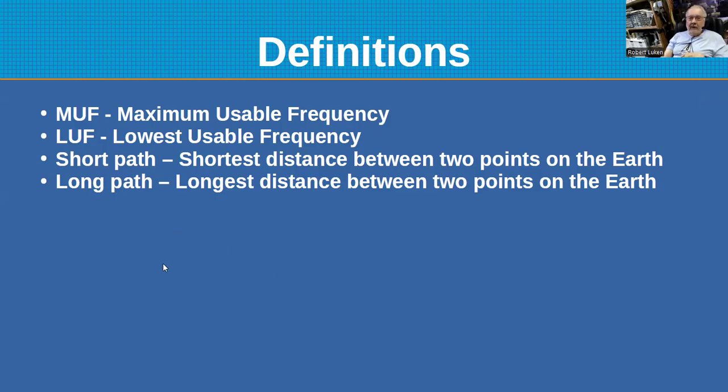Let's talk about the short path and the long path when you're looking at a communications path between point A and point B. The shortest distance over the surface or through the ionosphere is called the short path. 180 degrees from that, which means you go in the opposite direction, you go a much longer way around to get to that same point, they call the long path.